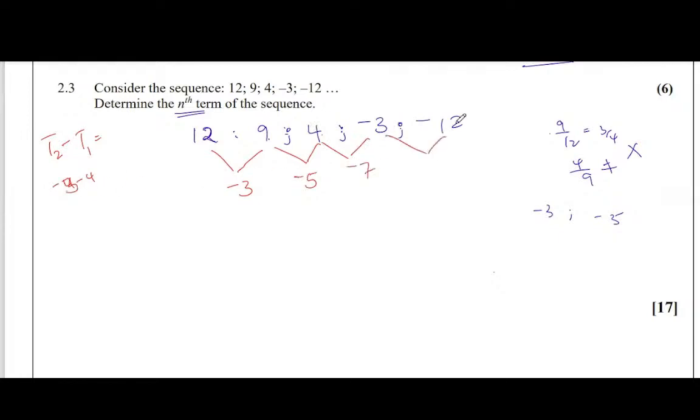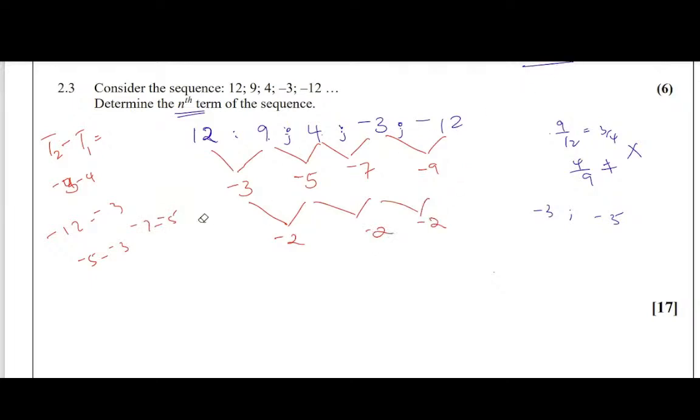And then the story continues. -12 minus -3 gives us -9. So this first difference is not constant. So let's check the second difference. -5 minus -3 is -2. And then -7 minus -5 is also -2, which means this is a quadratic sequence.